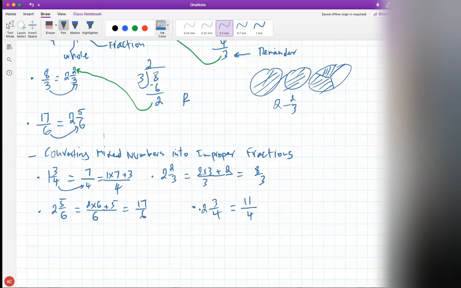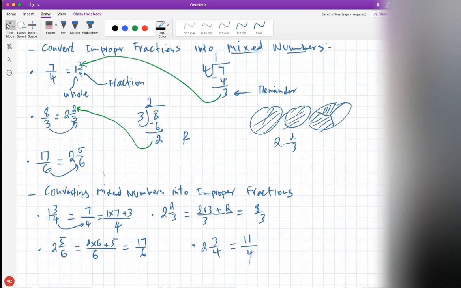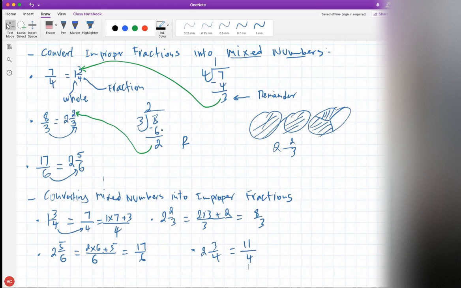Again, this is how you do it. 2 times 4, that's 8, added to 3, that's 11. And the denominator always remains the same. That's basically how easy it is to convert back and forth between mixed numbers and improper fractions.